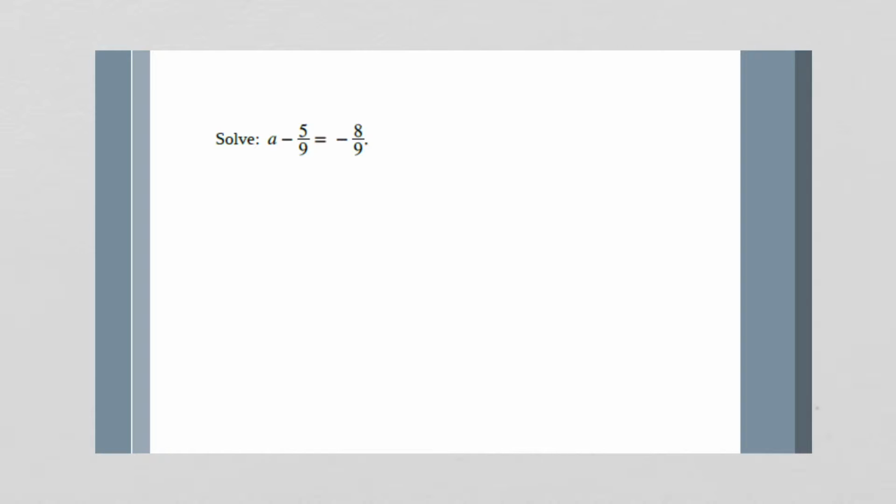Alright, so I've got a minus 5/9 equals negative 8/9. So the first thing that I would do here is ask myself what's happening to my variable. Well, it's being subtracted by 5/9. How do you undo that? You add 5/9 to both sides. This right here creates 0.